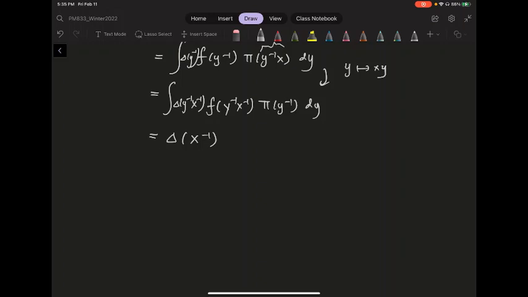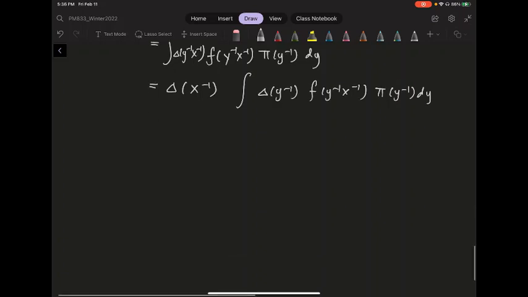And the rest of this, you can write as delta of y inverse, f of y inverse x inverse, and then pi of y inverse, dy. Now you use the modular function again, and move y inverse to y. So this one becomes delta of x inverse times the integral of f, where all the y inverse becomes y, and delta disappears.